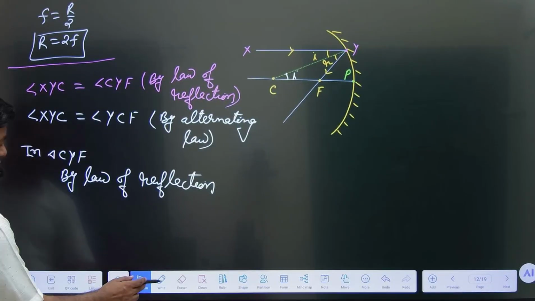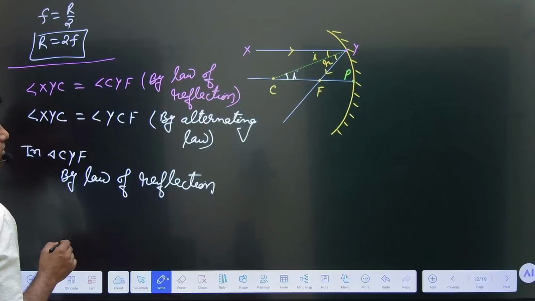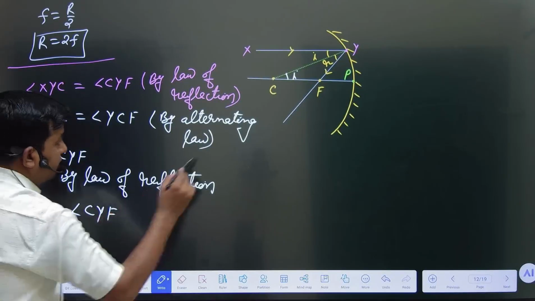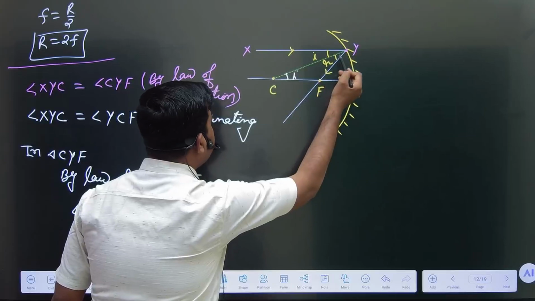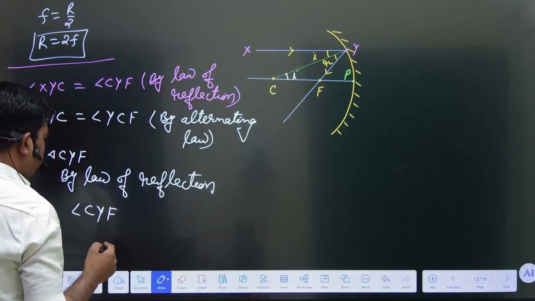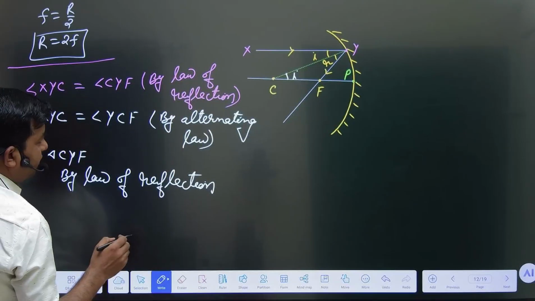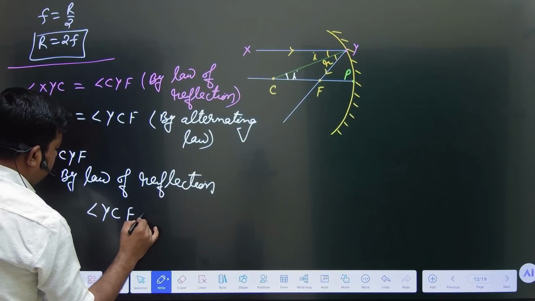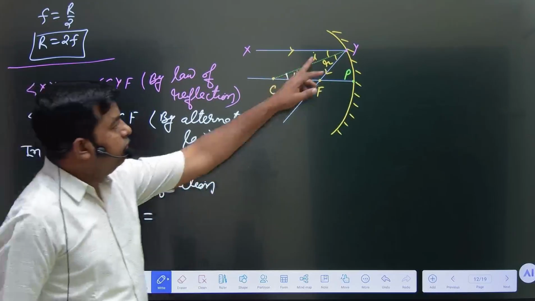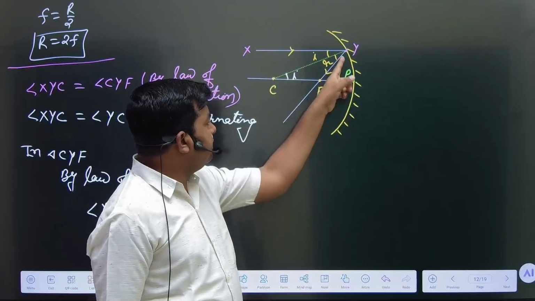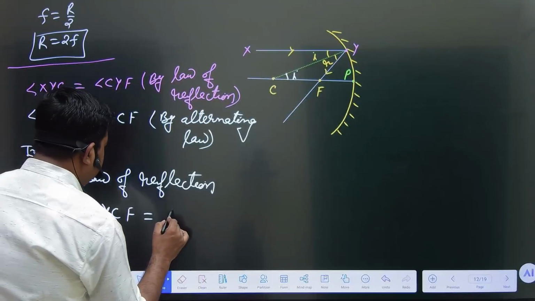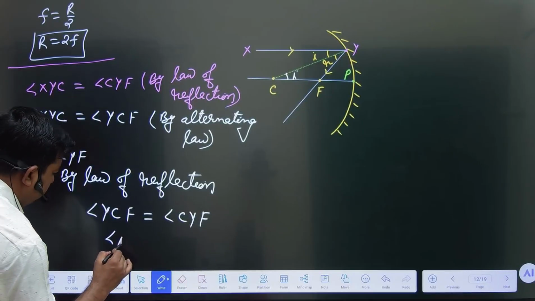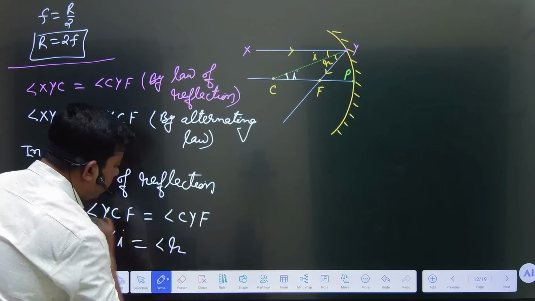Both these angles are equal. Which angles are equal? Angle YCF is equal to angle CYF by the law of reflection. That is, angle I is equal to angle R.